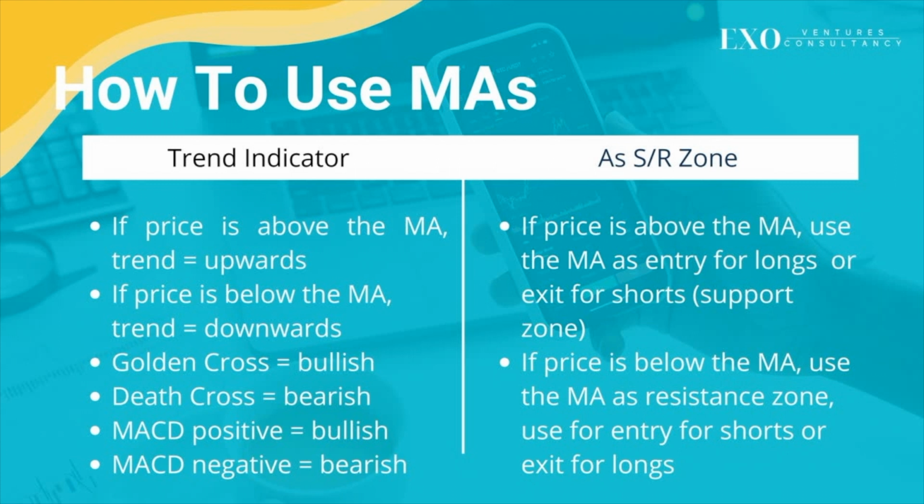Okay, so if you're using moving averages as support and resistance, then wherever the moving average is can be your indication of where to enter or exit from the trade. Let's give an example. If price is below the moving average, then as you know from the previous section, this probably means that price is in a downtrend.